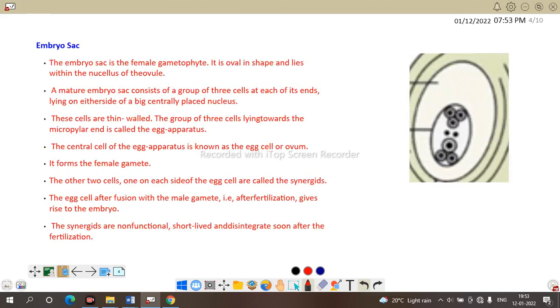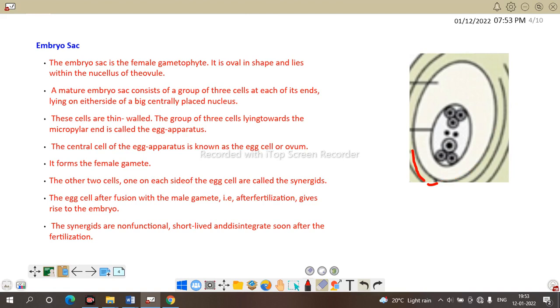Here is the detail about the embryo sac. This white layer is the embryo sac, and here is the nucellar layer, and inside the nucellus there is the embryo sac. It is also called the female gametophyte, develops in an oval shape, lies within the nucellus, and the mature embryo sac contains 8 nuclei.